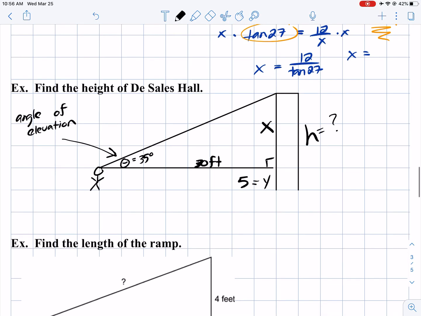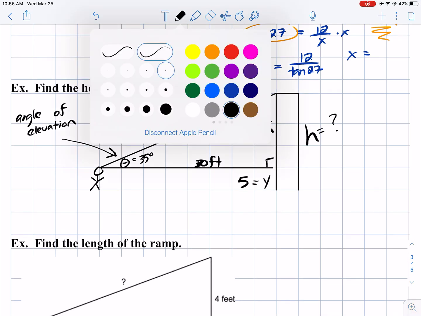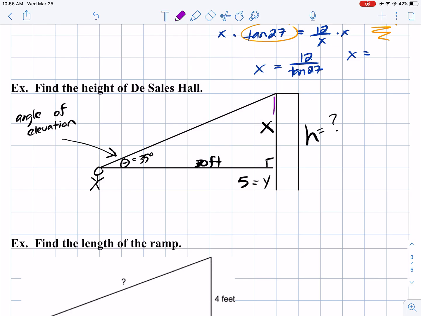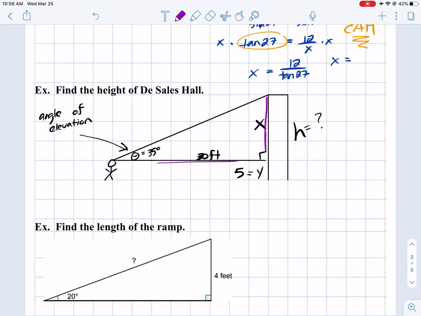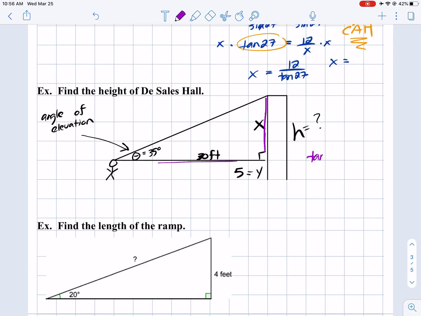Well, if we set up our trig ratio, this side length opposite of our 35, it's the opposite, and you have the adjacent. So you want to use tangent because tangent uses opposite over adjacent, so x over 30. And when we multiply both sides by 30, we get x equals 21 if we're rounding. 21.